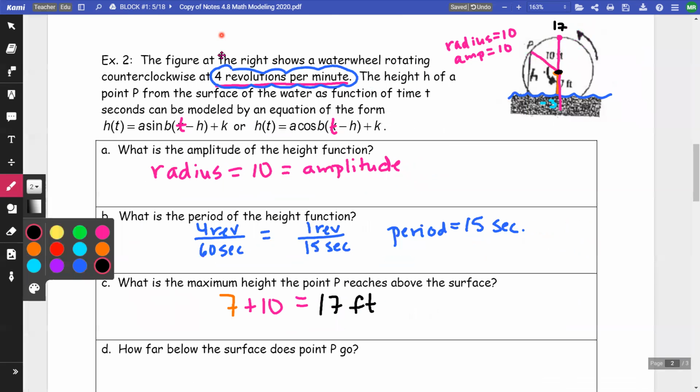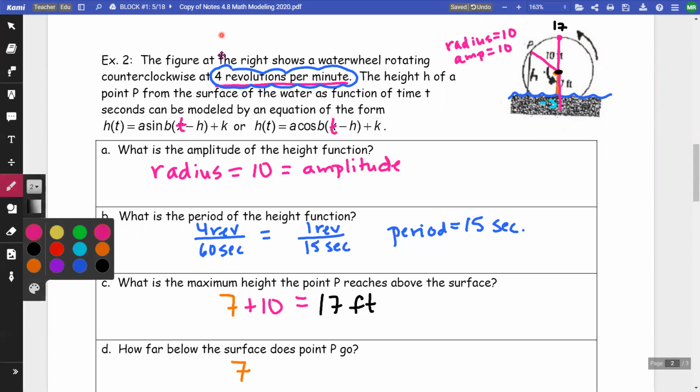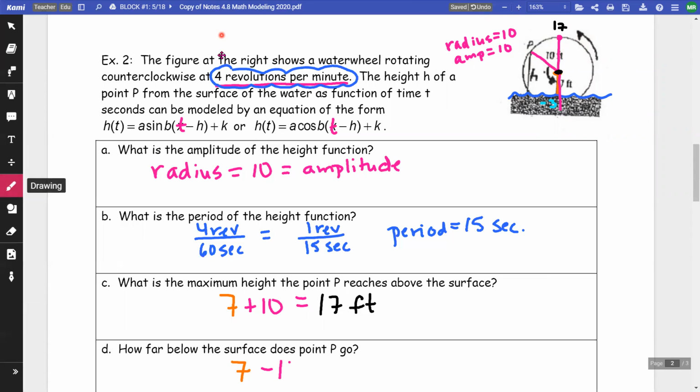And then going the other direction, going down, I take 7, which is my center, and this time we are going 10 below this, which is going to give me a -3 feet. And that's my lowest point, 3 feet below.